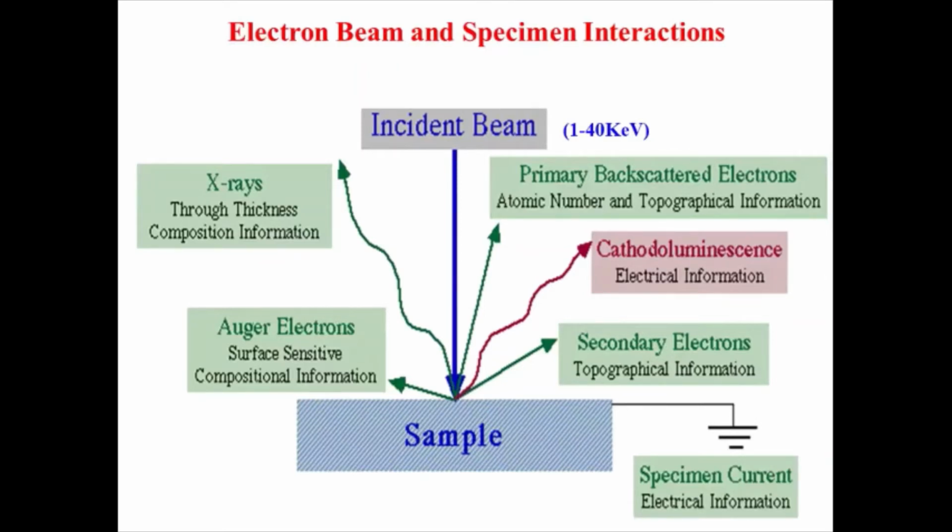So when there is a vacancy in the core shell electron, immediately the upper shell electron will fill up this vacancy, and during this interaction, the energy will be emitted. So this energy comes in the form of radiation which falls in the X-ray region. So we have emission of X-ray.